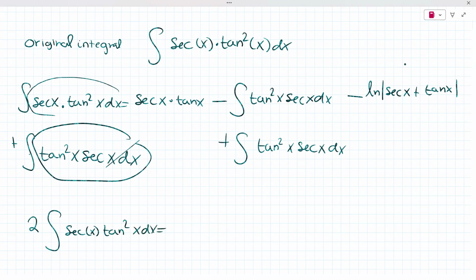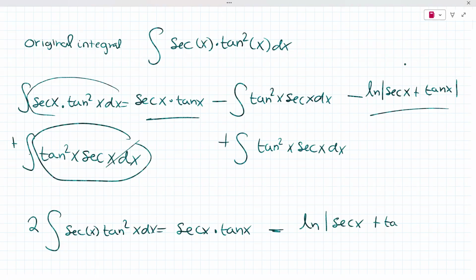And then on the right side, you're left with secant of x times tan of x, and then minus this, right? It was originally minus the integral of secant of x, but we know that that's the same thing as minus ln of the absolute value of secant of x plus tan of x.